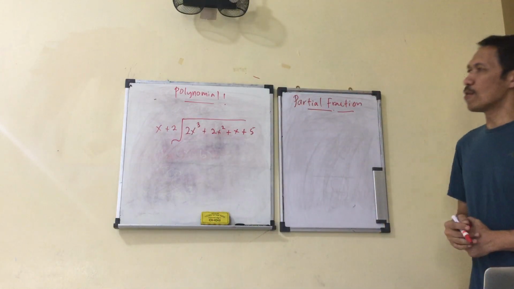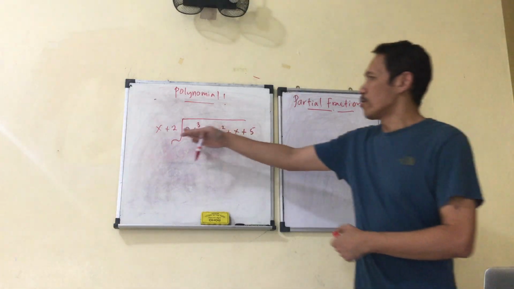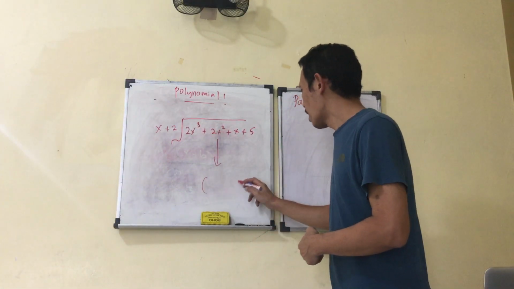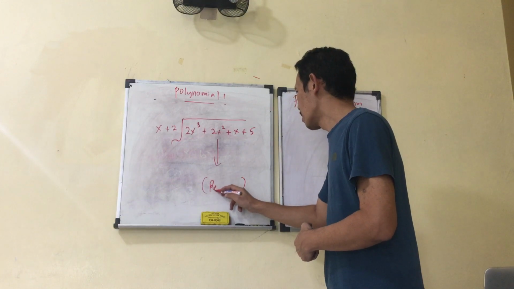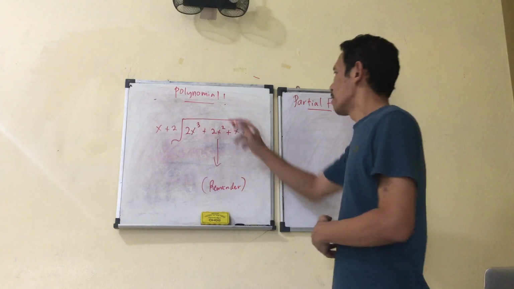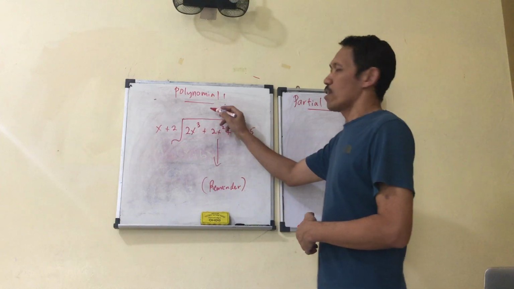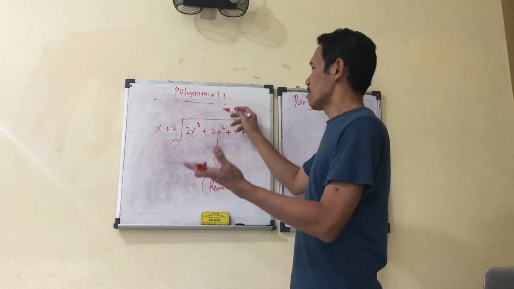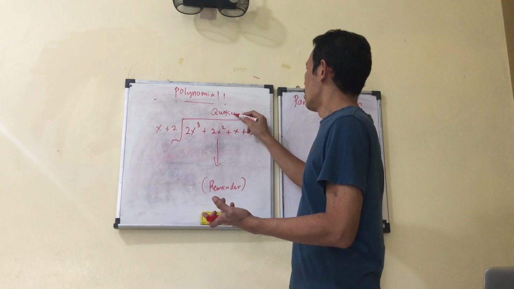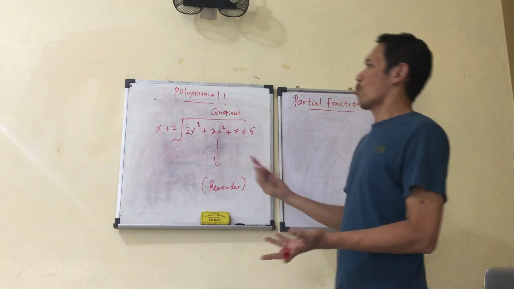So this is an example of a polynomial problem, and you do the long division. You still remember that you do the long division, and you will get what we call the remainder. And on the top here you have the solved problem, which is called the quotient, which is the value of the quotient.